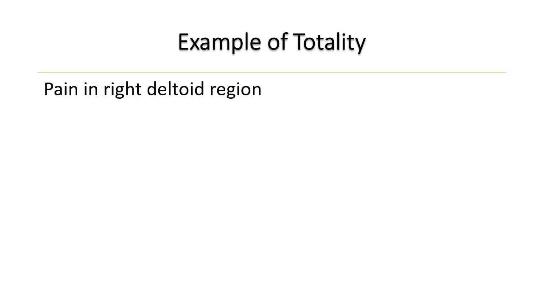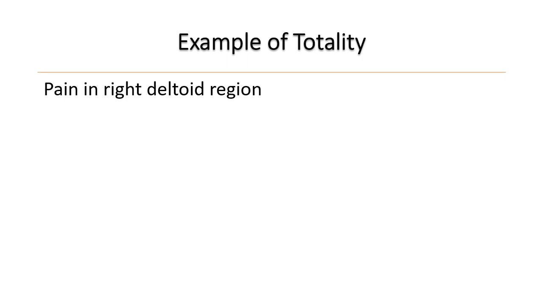The concept of totality will be best understood by taking a particular case. This is the case of a person who is 35 years old, who is an executive in a multinational company. He has been complaining of pain in the right deltoid region. He has been to physiotherapists and a couple of other places to find relief.